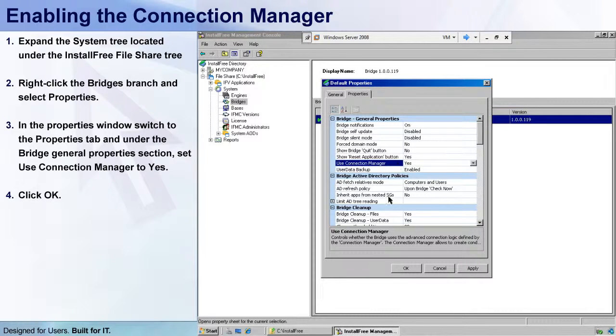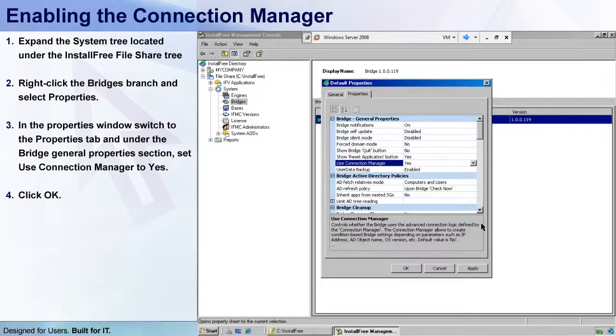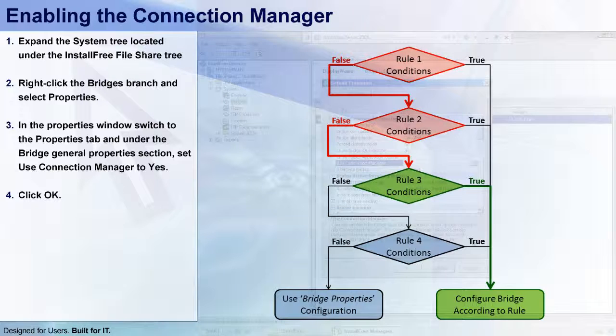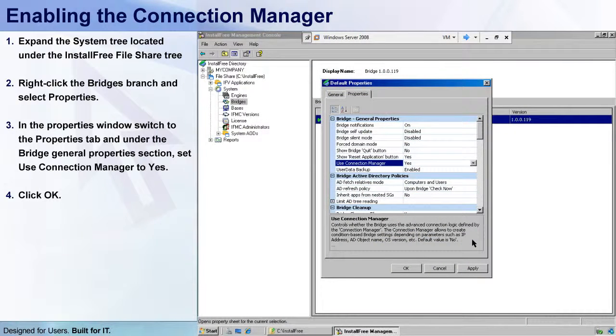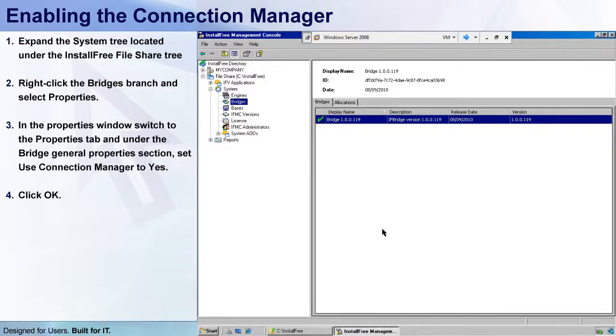Now, you can read a full description of the Connection Manager down here, but generally speaking, what I just did is to instruct the bridge to let any configurations made in the Connection Manager overrule the configurations made in the main bridge properties in case the conditions set in the Connection Manager are met. And I'll show you in a second what that means. But for now, let's just click OK and go straight ahead and take a look at the Connection Manager itself.